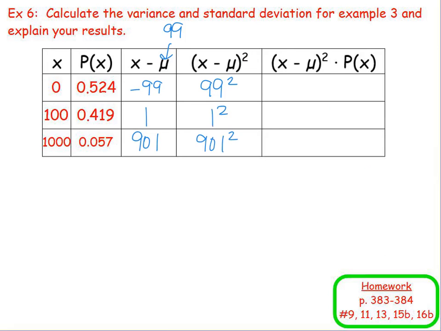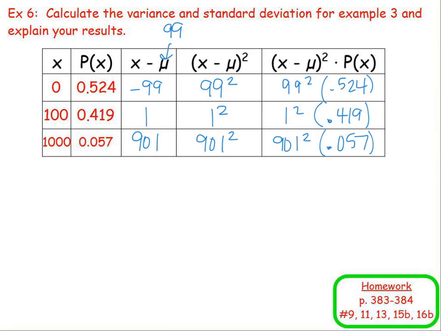Again, we're not doing any calculator stuff till the very end. So now we're going to take 99 squared and multiply it by 0.524. Then we're going to take 1 squared and multiply it by 0.419. Then we're going to take 901 squared and multiply it by 0.057.